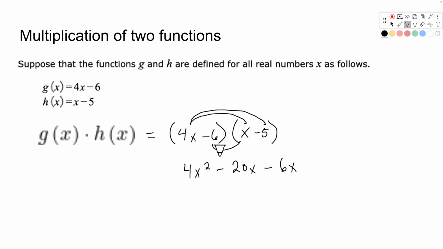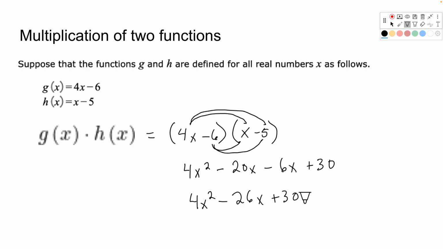Then we multiply the last two terms, negative 6 times negative 5 gives us a plus 30. So 4x squared minus 26x plus 30, and that would be expanded out.